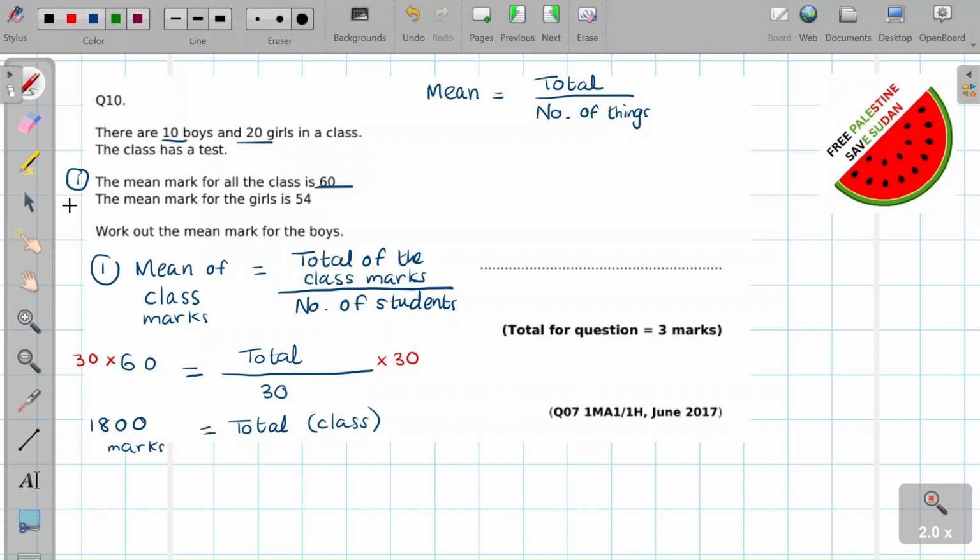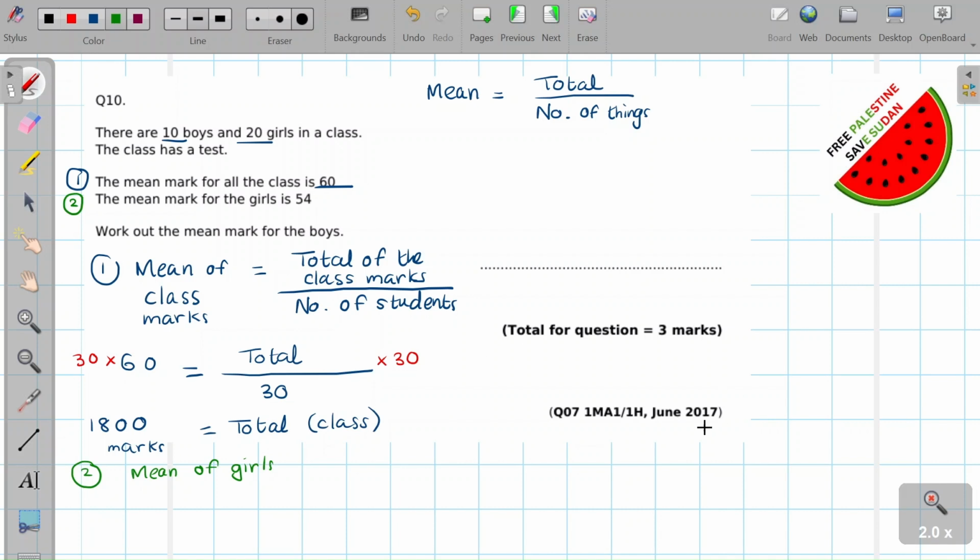Okay, so we're going to come up to number 2. The mean mark for the girls is 54. So for the girls, mean of girls, I don't know if I should have started over here.